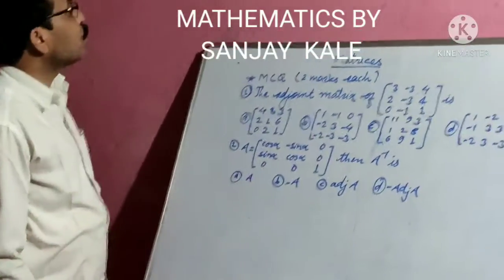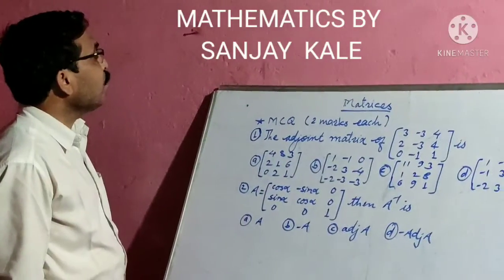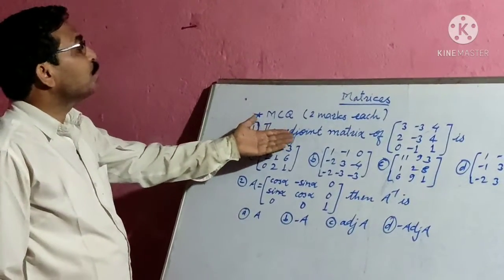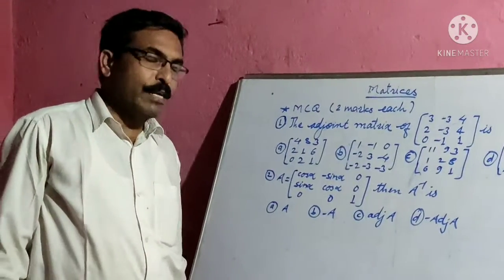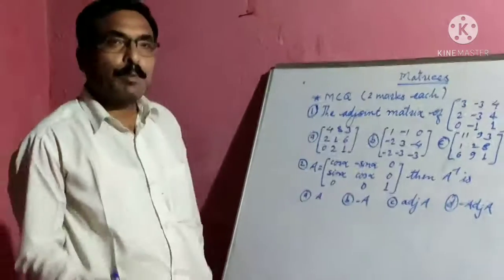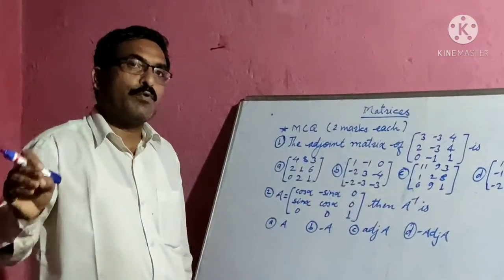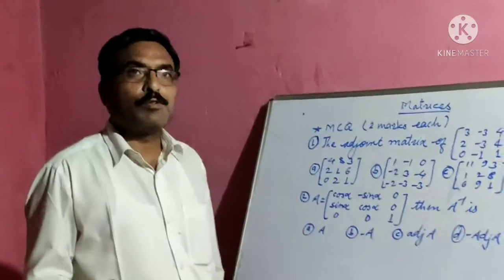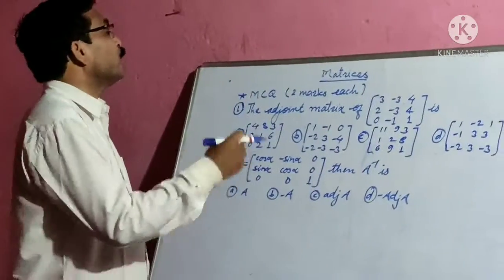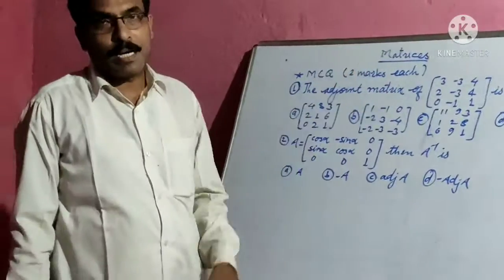Now how to find adjoint of this matrix? We have learned what is adjoint of a matrix. For that purpose we find minors and cofactors, its cofactor matrix. After that, the transpose of the cofactor matrix is nothing but the adjoint of the given matrix.